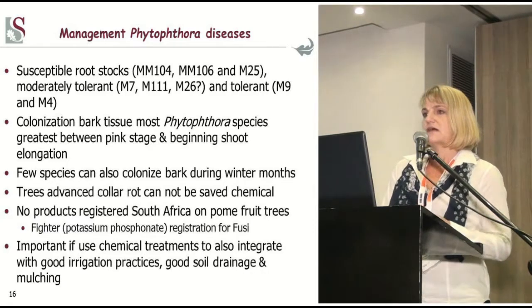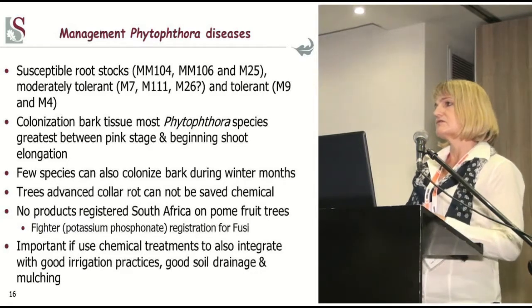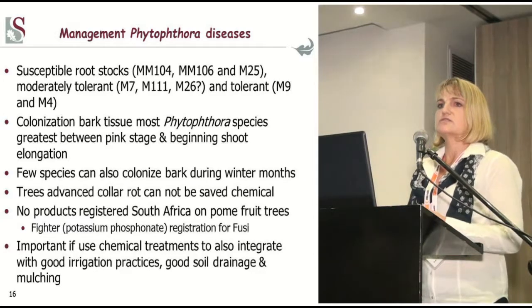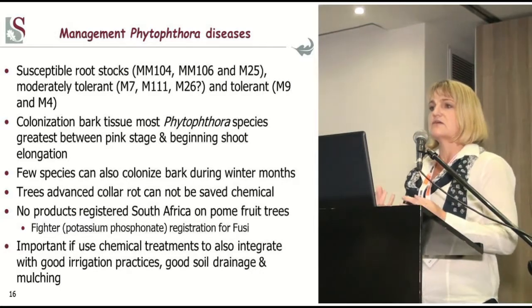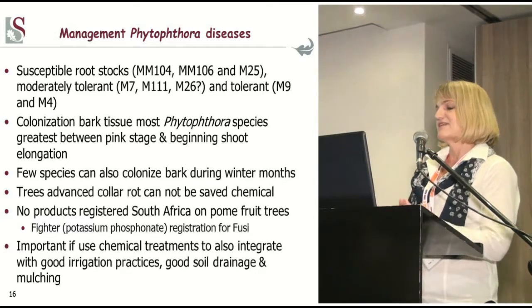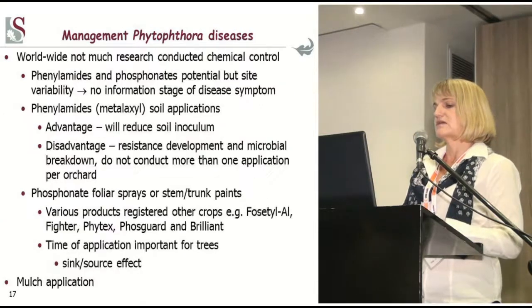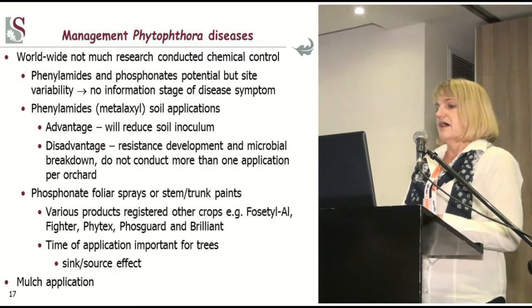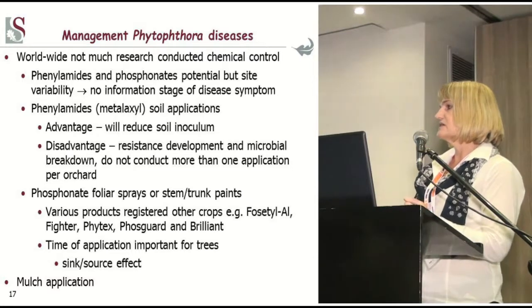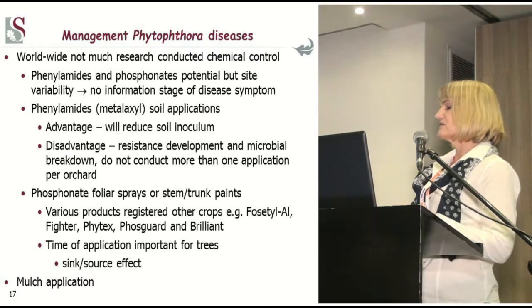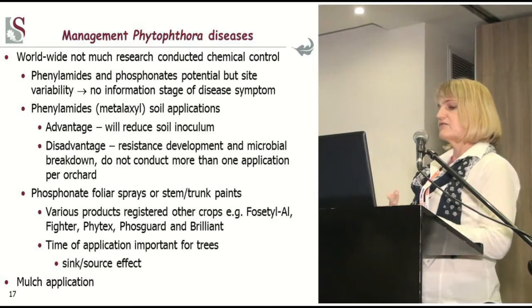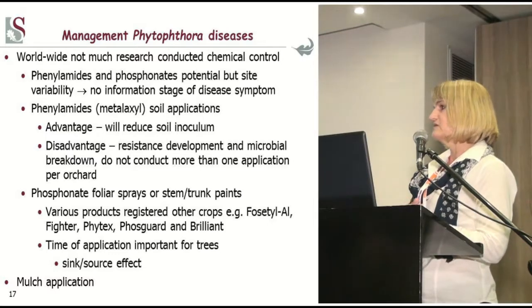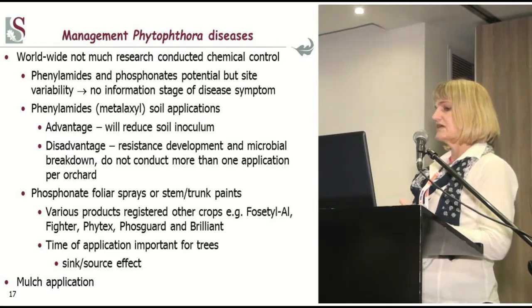If we look at chemical control of the disease, once you have an old tree that is already starting to show canker symptoms, there's unfortunately nothing that one can do to control it. However, when you have young, established trees, there are phenylamides that can be used, such as mefenoxam and metalaxyl.